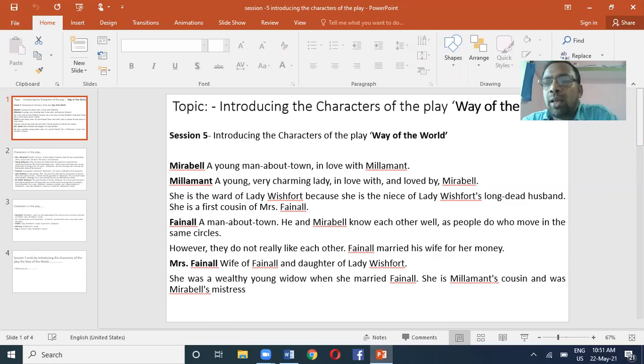Therefore, characters are the soul of the play for a writer, and Aristotle says plot is the soul of the play.